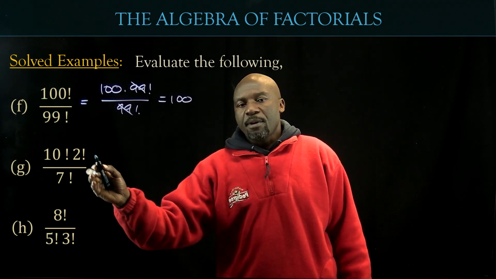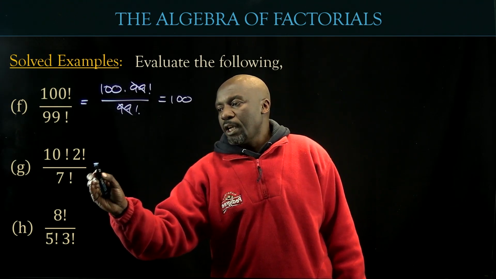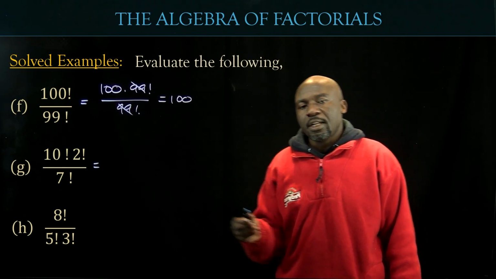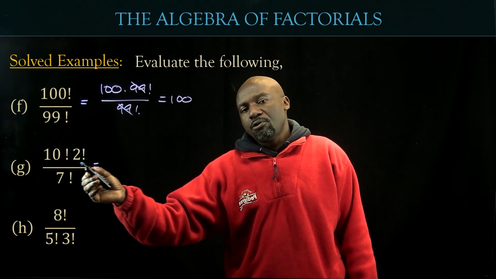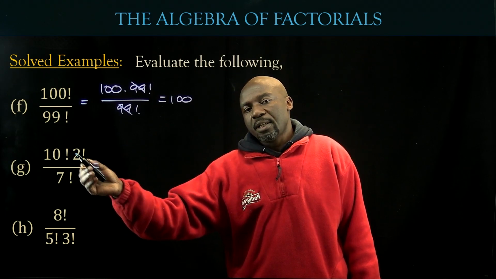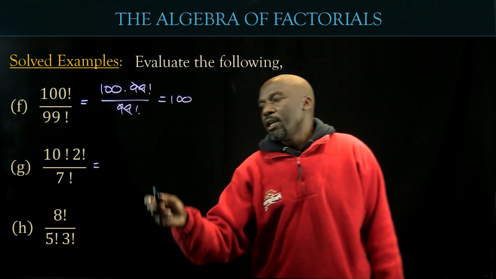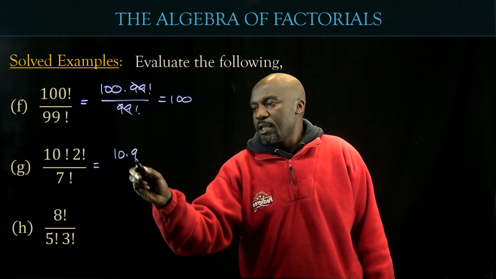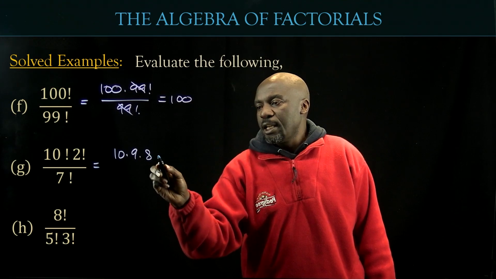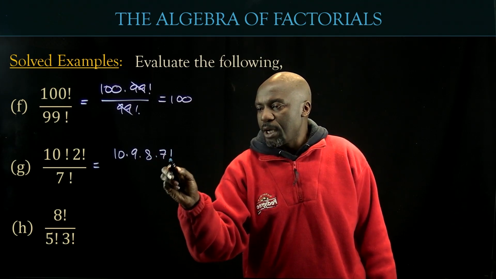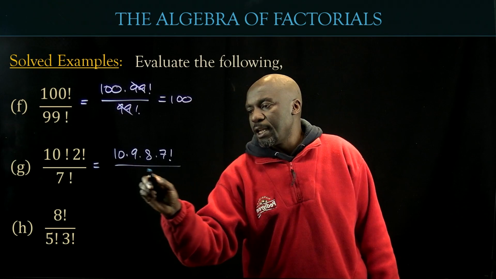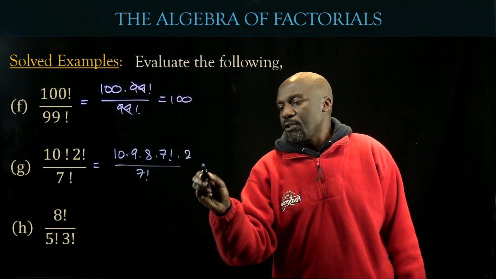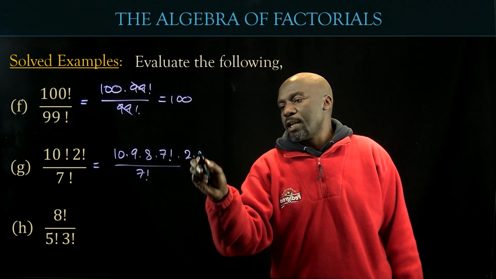Okay? What about the next there? 10 factorial times 2 factorial over 7 factorial. I'm looking at 10. 2 is very small, so I don't need to worry about it. I'm looking at 10 and 7 there. So I can write the numerator, the 10 factorial, as 10 times 9 times 8 times 7 factorial. I stop at 7 factorial because I've seen the 7 factorial in the denominator. And of course, there is a 2 factorial here, which is 2 times 1, really.